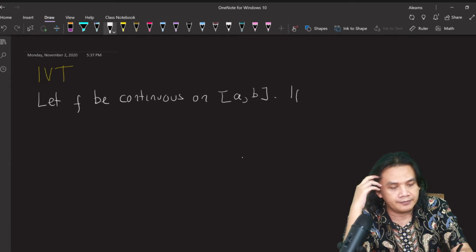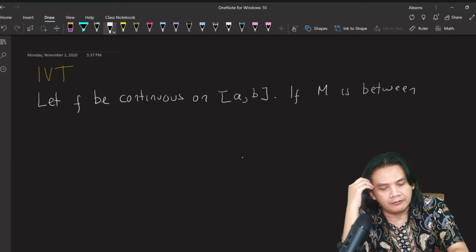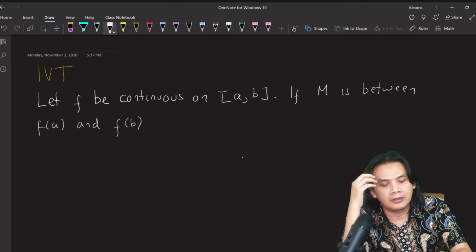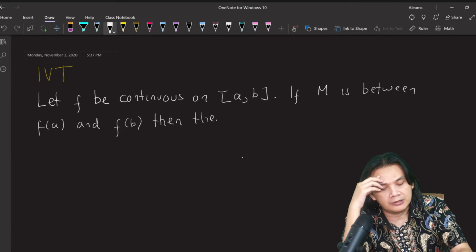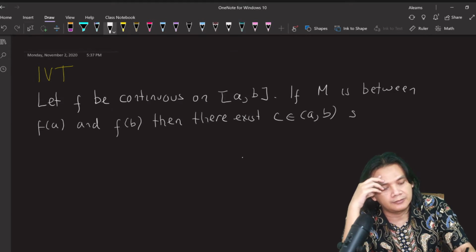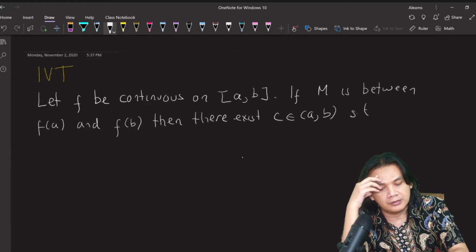If M is between f(a) and f(b), then there exists c in [a, b] such that f(c) is equal to M. Okay.